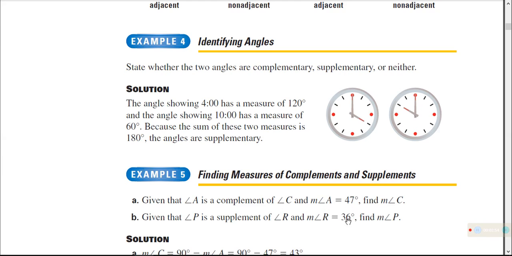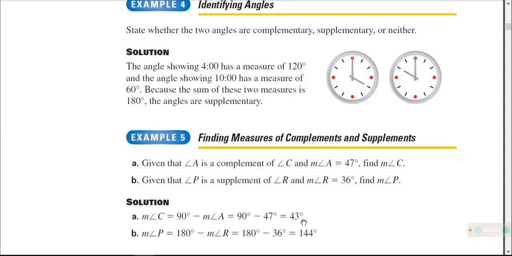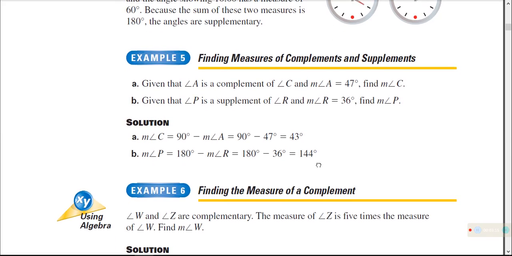So 90 minus 47, you will end up with 43 degrees. Now for the measurement of angle P, since supplementary siya with angle R, and angle R measures 36 degrees, then we have to subtract 36 degrees from 180 degrees, giving us 144 degrees.